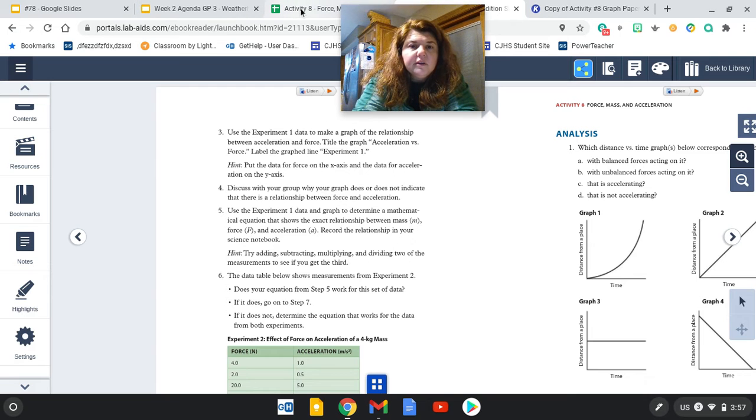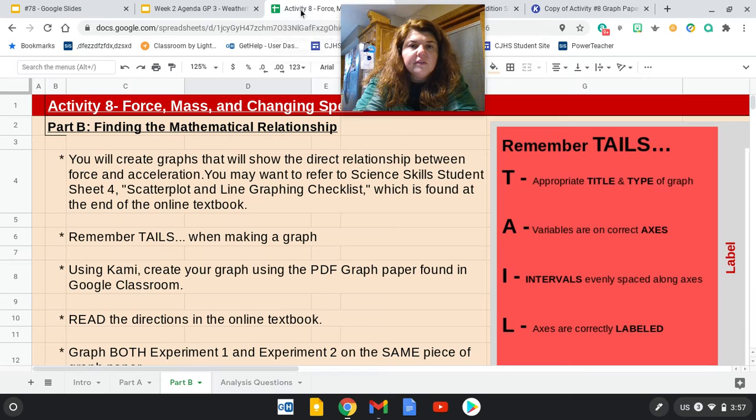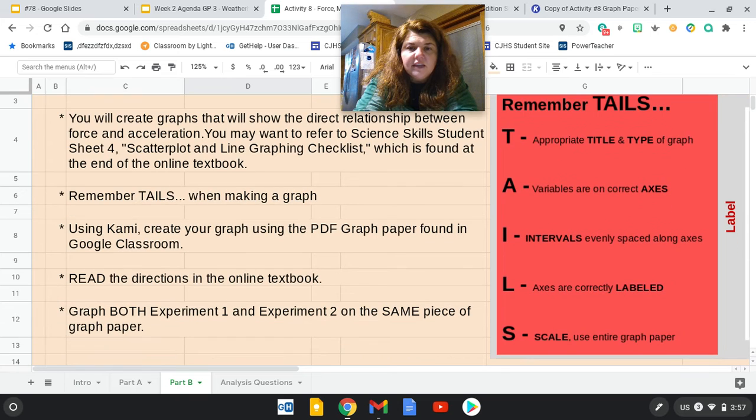And remember, you have that list that you can use, that scatter plot and line graphing checklist, and also this whole idea of tails we can also use. So the first thing in creating any type of graph is that we want to choose the appropriate title and the appropriate type of graph.